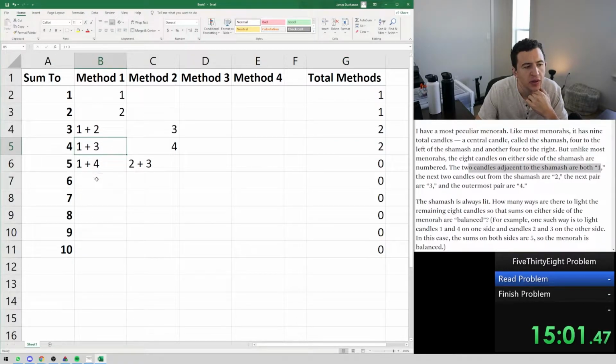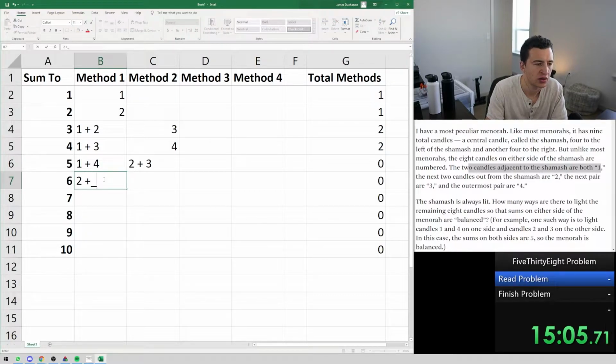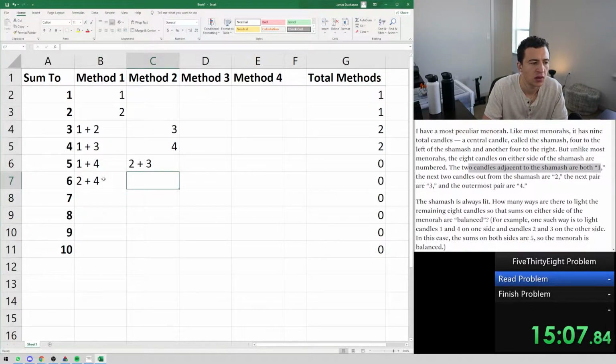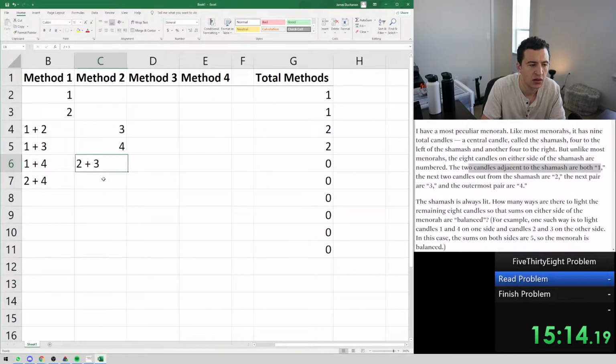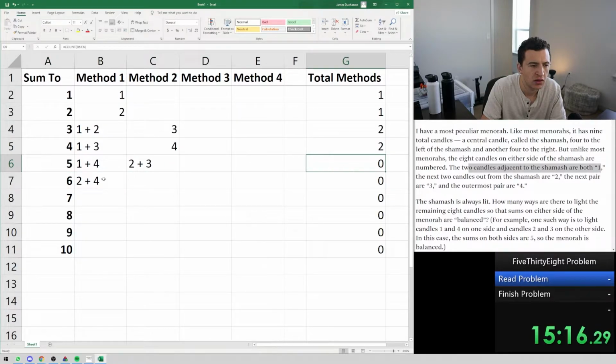For 6, I know we can do 2 plus 4. There's no 5. I think there's just one way to get there, and that's it.